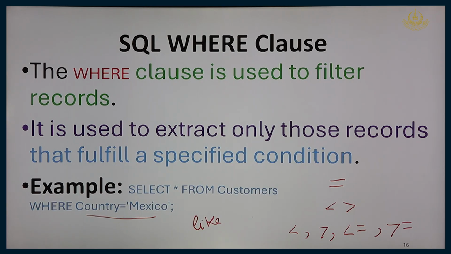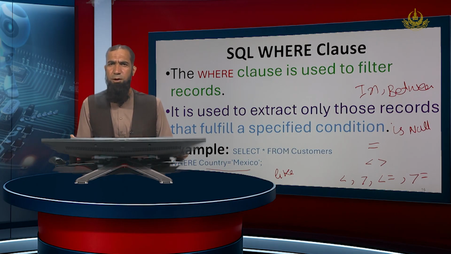And some other keywords are in, between, and is null. So in can be used for a specific range. Between can also be used for a group of values. Is null is used for special cases.